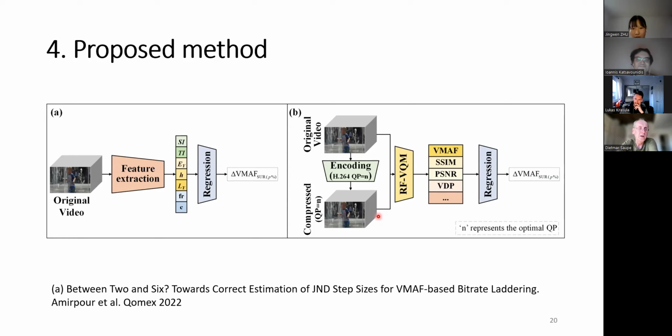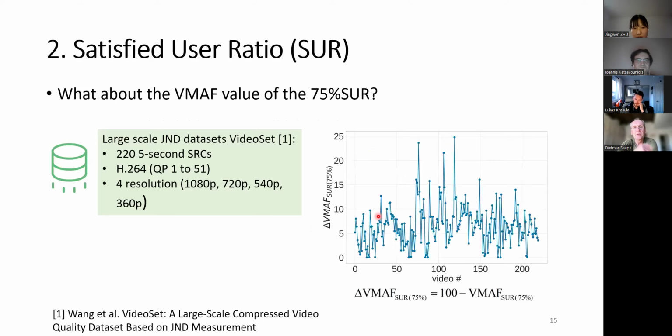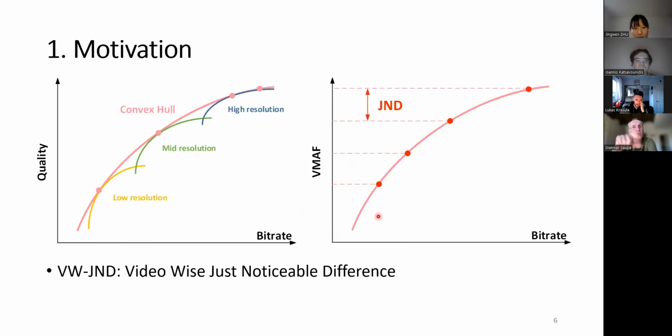And my other question now is, you started out with the motivation, and the motivation was this bitrate ladder. Yes. The bitrate ladder, you need more JND points now, the second, third, and fourth. Yes. And for this, you also need to have some prediction method. Are you proposing to use the same, but only applied not to the original source, but to the one that is at the first JND?